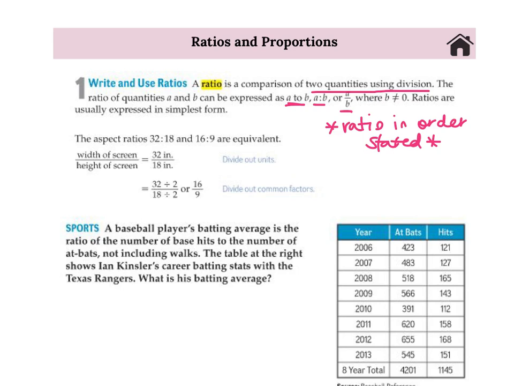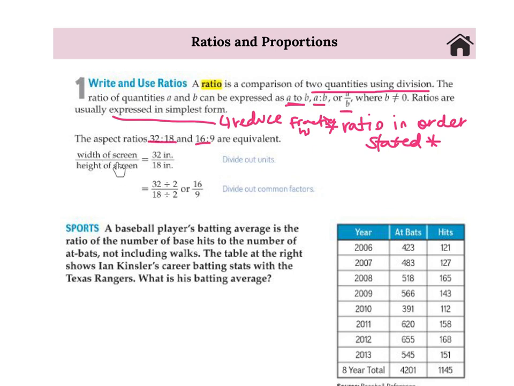Okay, also ratios are usually expressed in simplest form. Basically reduce your fractions. Okay. Ooh, whoops. Fractions. My bad. So if you're looking at aspect ratios, 32 to 18 and 16 to 9 are equivalent because you have the width of a screen and the height of a screen.